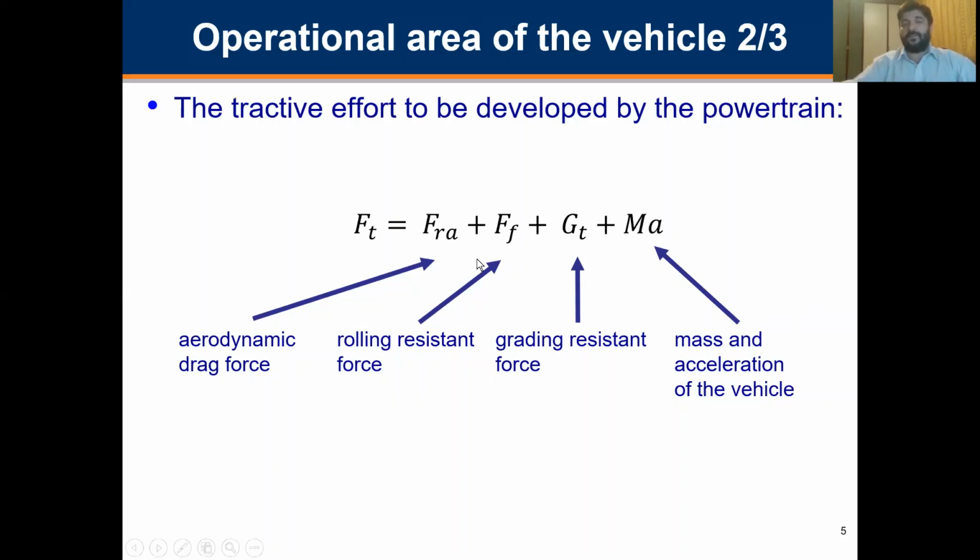Then the rolling resistance force, and the grading resistance force when the vehicle has to go up or down a slope. When we have to accelerate or decelerate the vehicle, we have to take that into account, so we need the mass and the requested acceleration or deceleration.